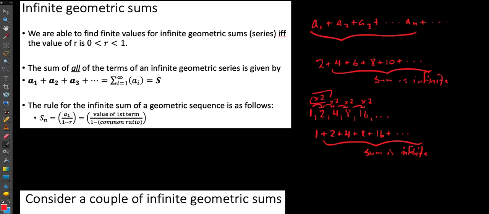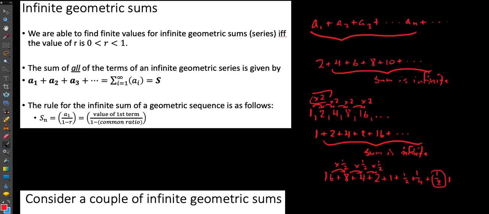What if, though, we were to take a sequence like this: 16 plus 8 plus 4 plus 2 plus 1 plus a half plus a fourth plus an eighth, and so on. We've got something where our r value would be times a half, so less than 1. In exponential lingo, this would be an example of exponential decay. You're always adding on something that's continuously getting smaller, closer and closer to 0.